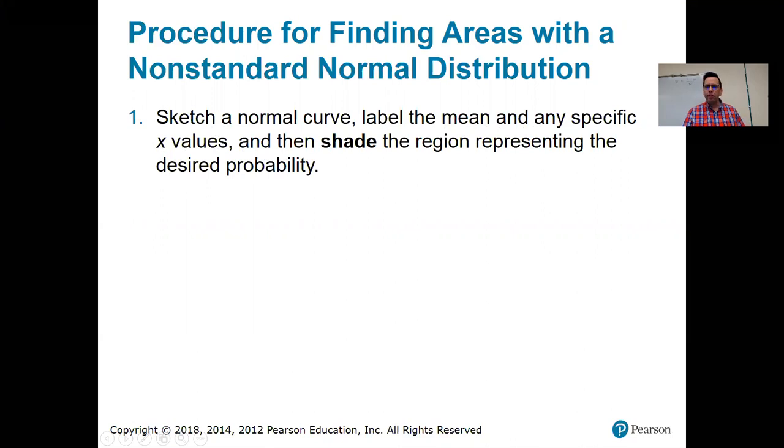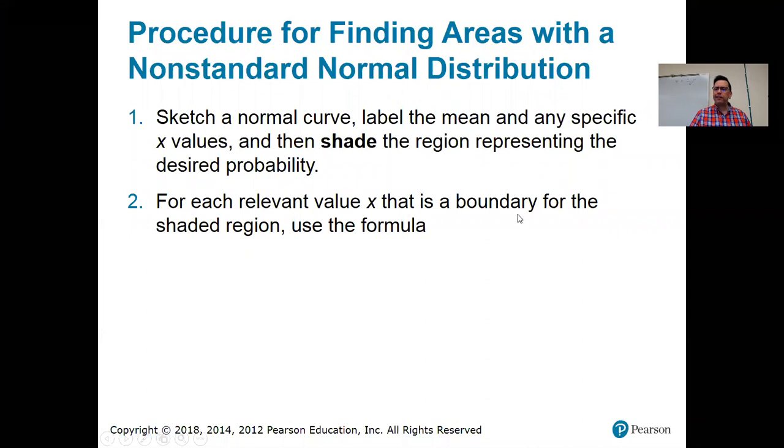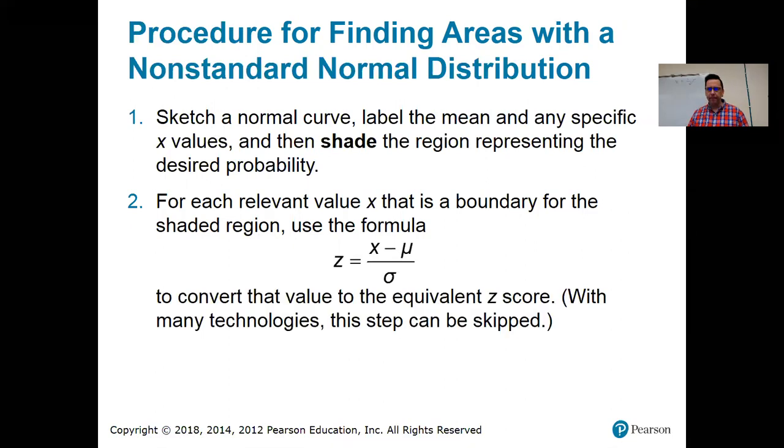Step 2. For each relevant value x that is a boundary for the shaded region, convert that to a z-score using the formula that you also see behind me. With some technologies, that step can be skipped, like certain graphing calculators.